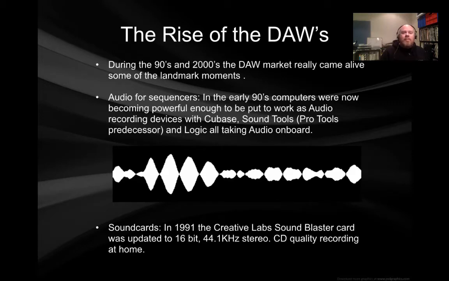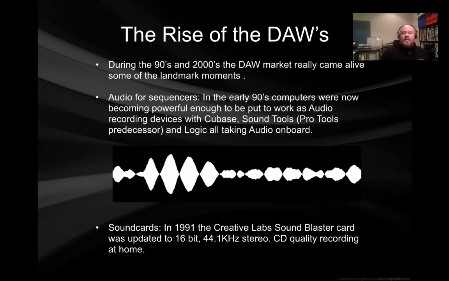But you were controlling an external device. You weren't controlling internal devices. And if you wanted to record, you had to record to tape, because there was no way to record into the computer. So that started to change in the early 90s, and that was a pretty big step.